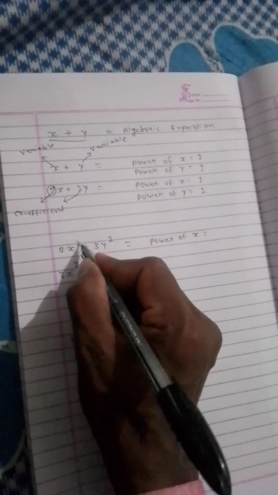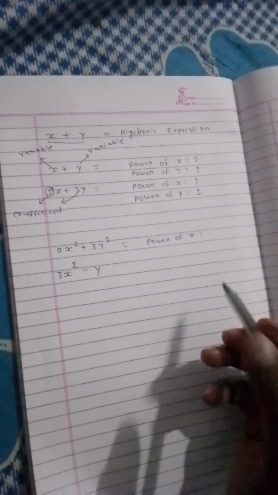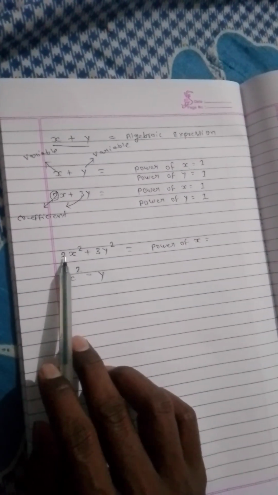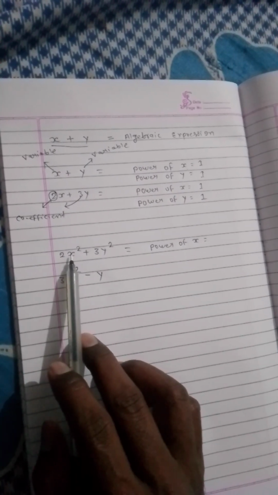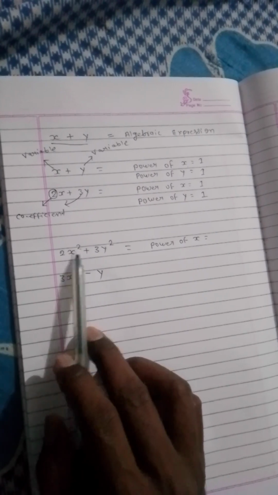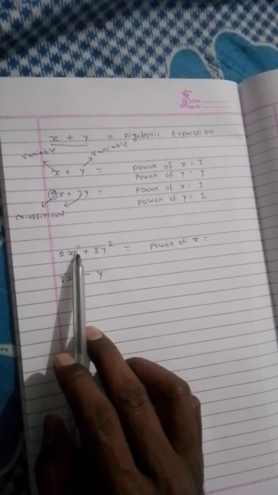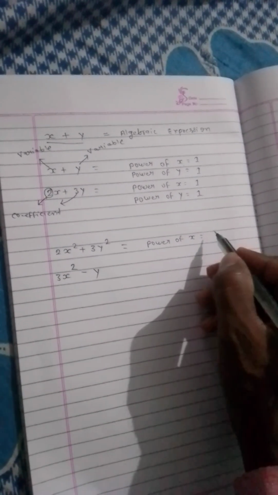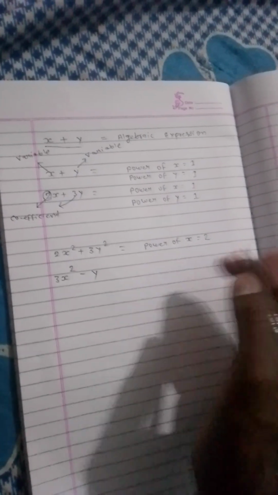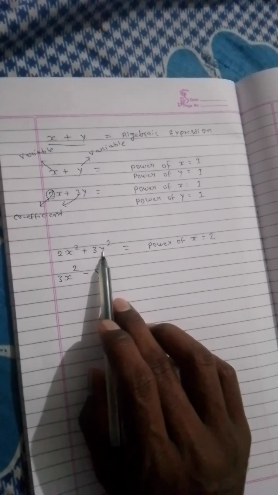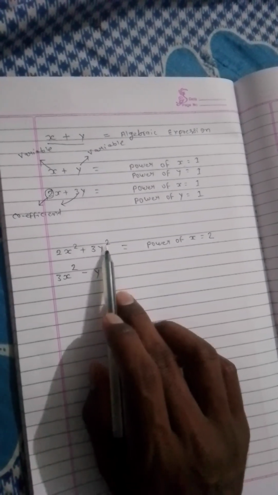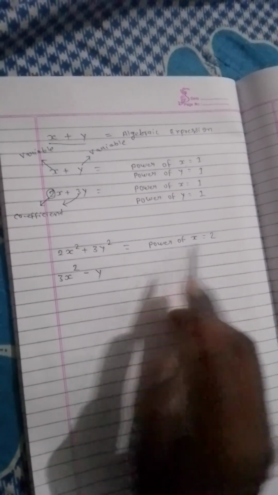This is the power. In this equation, what will be the power of variable x? So the power of variable x is 2. What will be the power of variable y here? So the power of variable y will be 2.